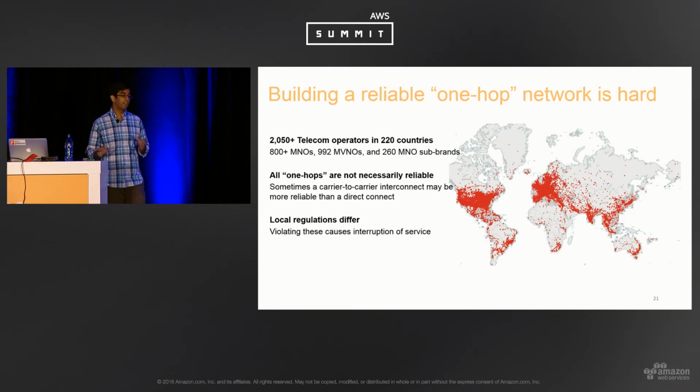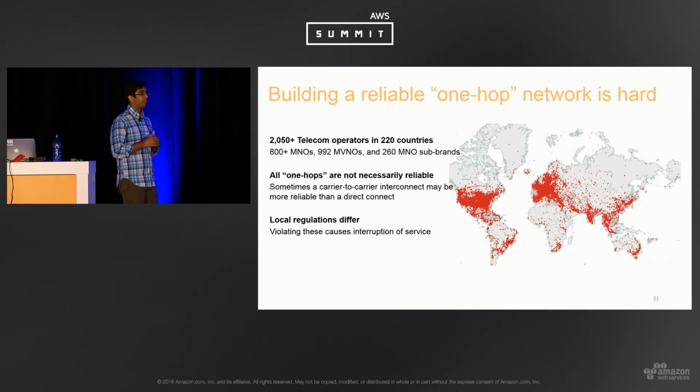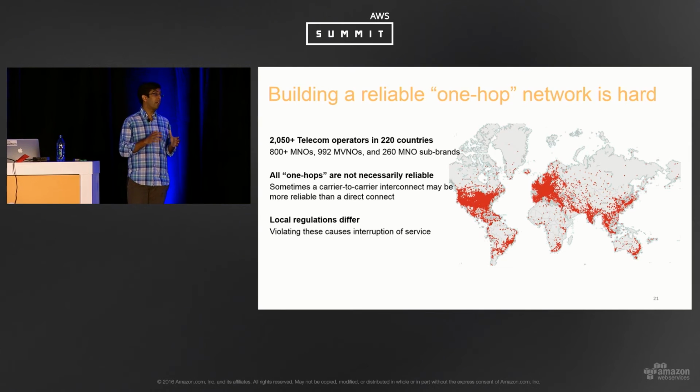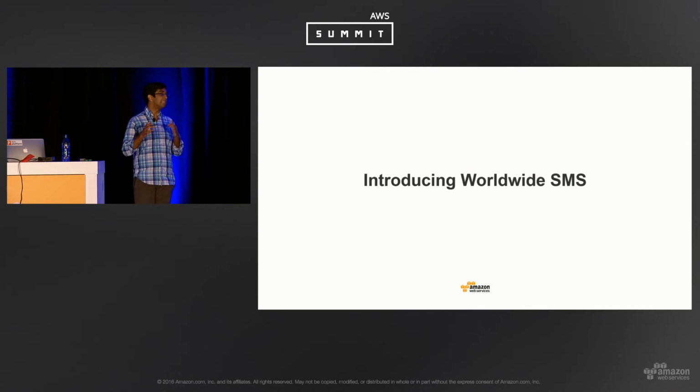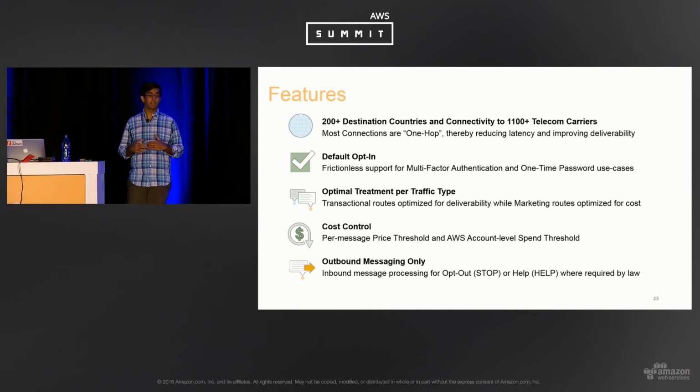Specifically, you'll see some of the deltas between what was previously existing and what's available now. So now this feature covers over 200 destination countries and territories, and that means connectivity with over 1,100 telecom carriers. Now we've moved from this explicit opt-in model to this default opt-in model to support those one-time password and multi-factor authentication use cases.